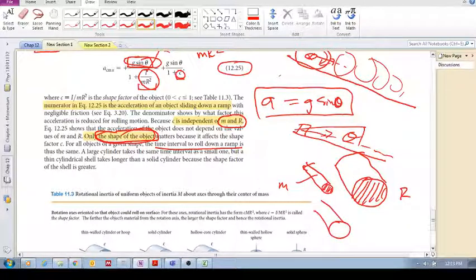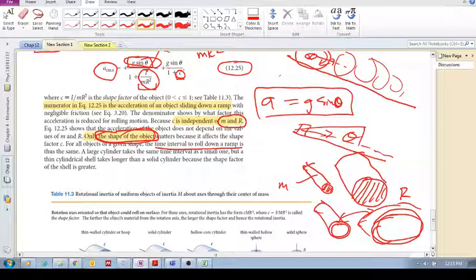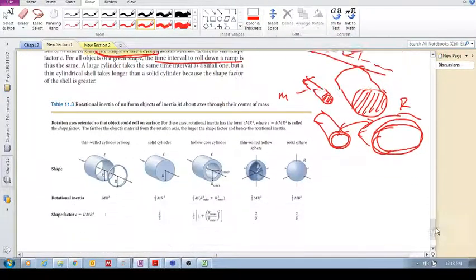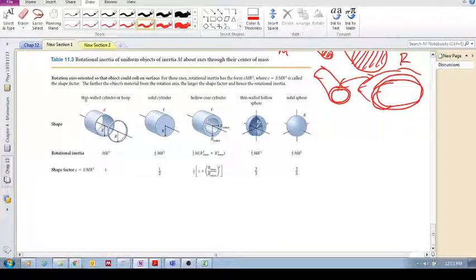Or if you've got a hollow cylinder like that, or a large hollow cylinder, then the shapes are the same, which means they will have the same acceleration. So we take this g sine theta and we divide it by 1 plus that shape factor. So, for example, a thin-walled cylinder or hoop, its shape factor I over mr squared is 1. For a solid cylinder, the shape factor is a half. Hollow core, it's this one. These are the shape factors.